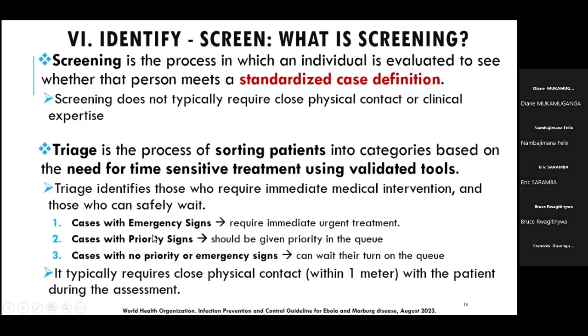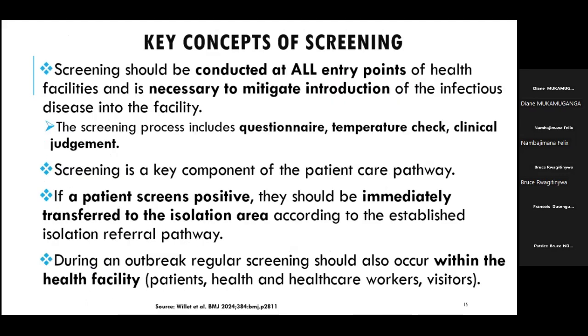The triage helps to reduce the transmission in the way that if you find someone who is, for example, bleeding, and we already know that blood is the most highly infectious body fluid, once we identify that person among many people and we put that person aside as early as possible, we limit the transmission.